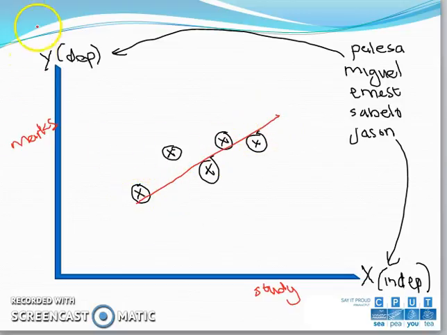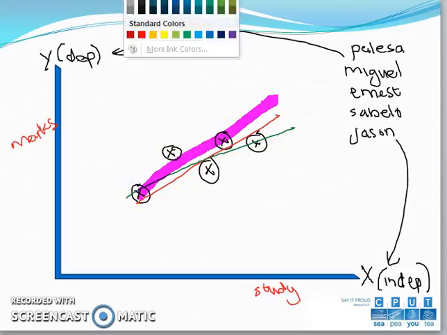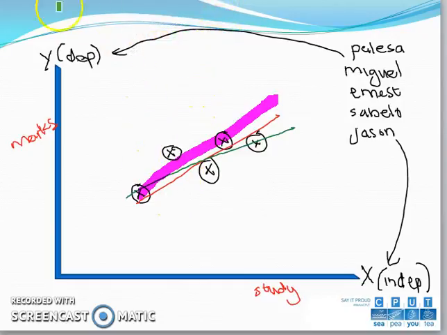Would it be that line, or that line, or maybe even that line, or this line?